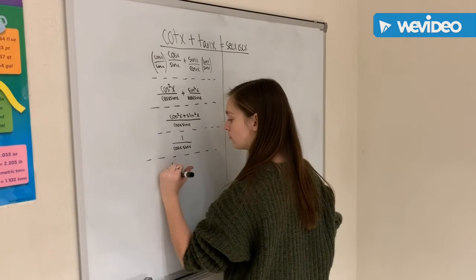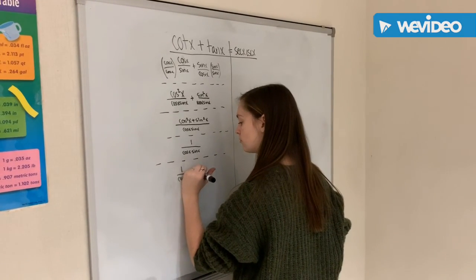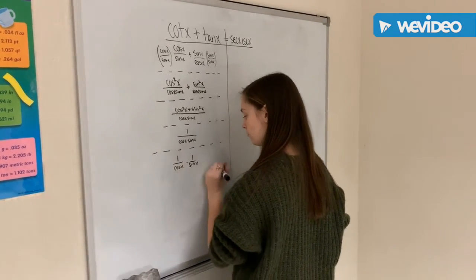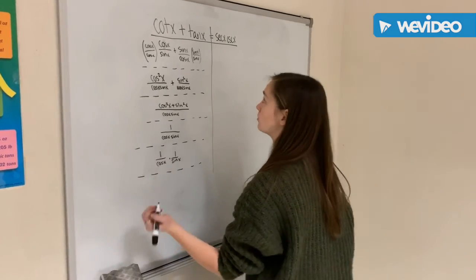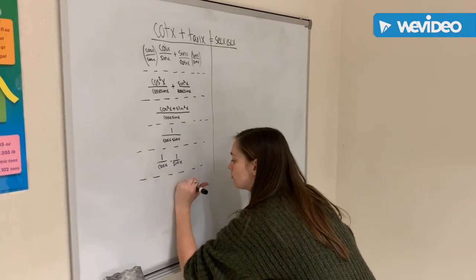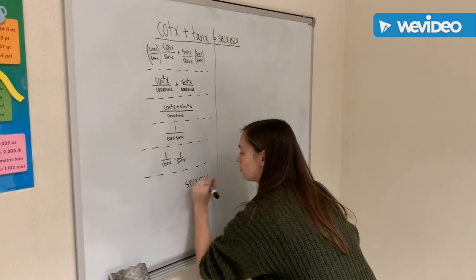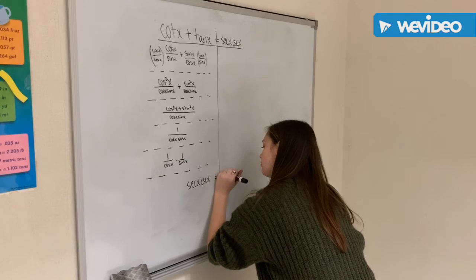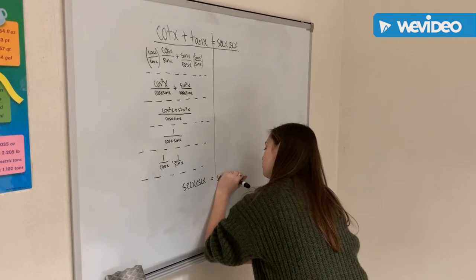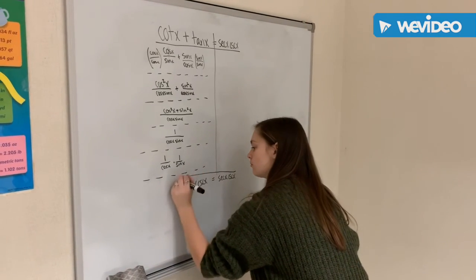And we can separate that out into 1 over cosine x times 1 over sine x, which equals secant x cosecant x.